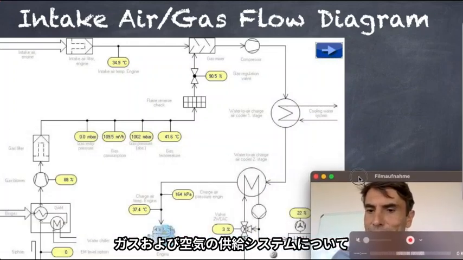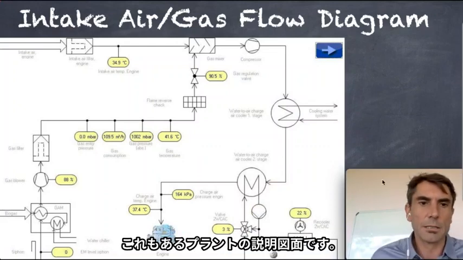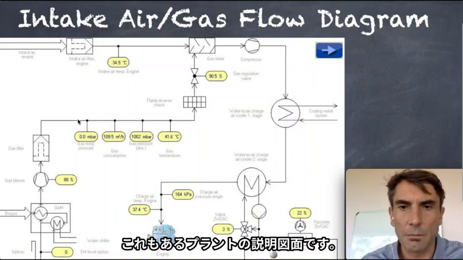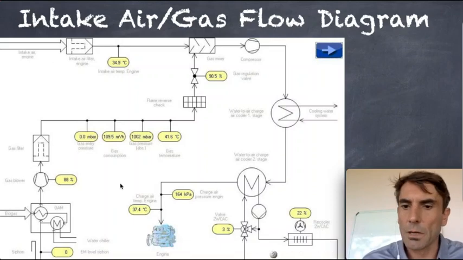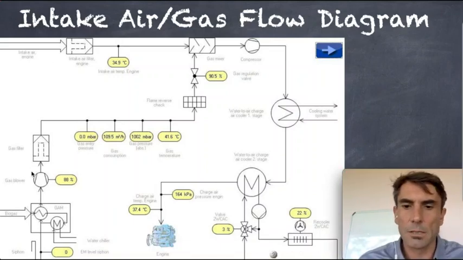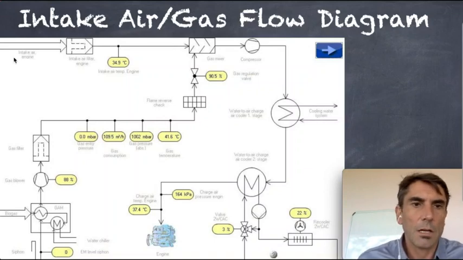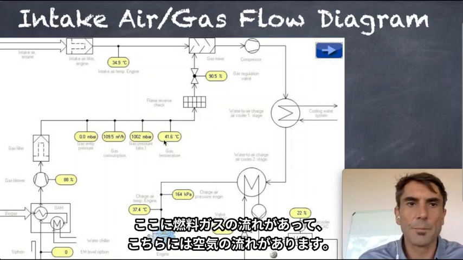Okay, now we jump to the inlet air and gas flow diagram. I copy-pasted here one from a plant, a screenshot from the visualization. We're talking about the gas flow and the airflow.